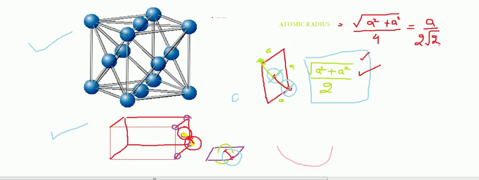I mean the atoms that are in the face centered cubic cell will have atomic radius a by 2 root 2, because there are atoms at the faces that occupy space. So this is much less. However, in the simple cubic cell, we saw that the atomic radius was just a by 2, because if you look at the simple cubic cell, the atoms only existed at the corners.